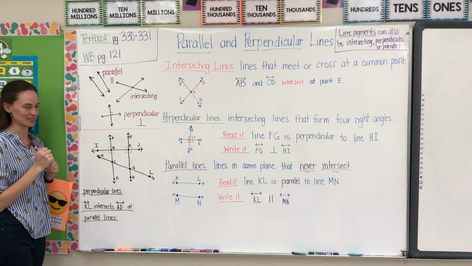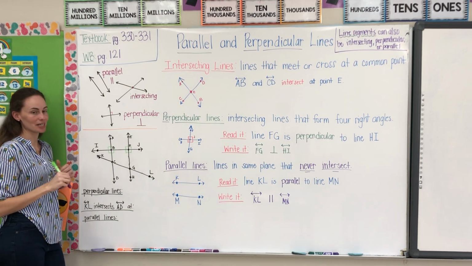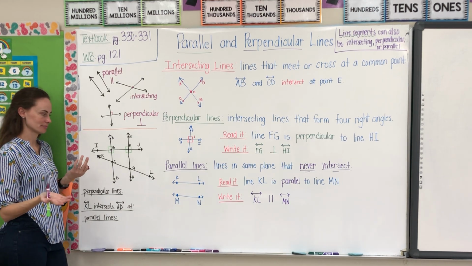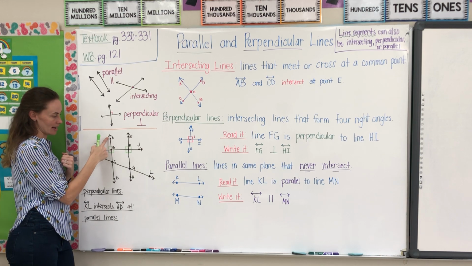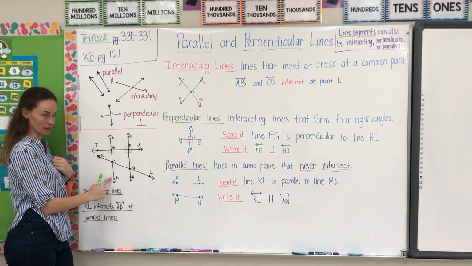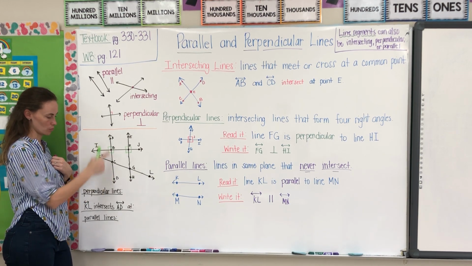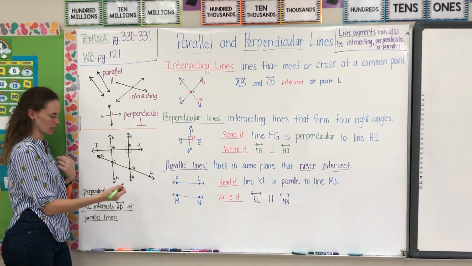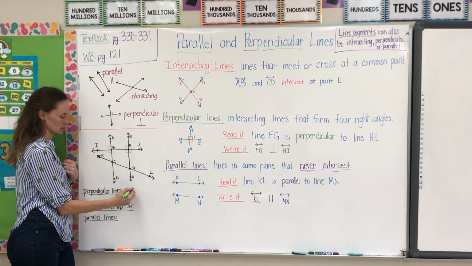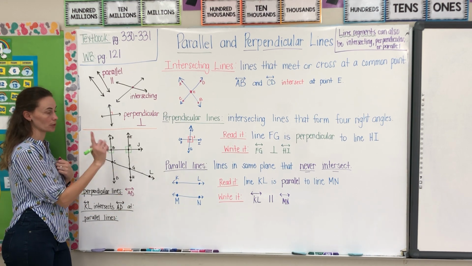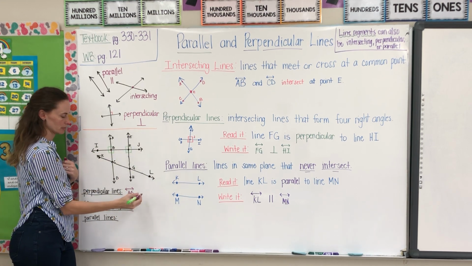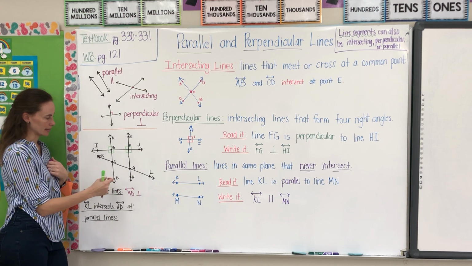Okay, so now we have the little boxes. What are two lines that are perpendicular there? Well, we could say line AD, right? You look all the way through to the two points. That gives you the name of the line. So it would be line AD. We have to put the symbol perpendicular to line, what?